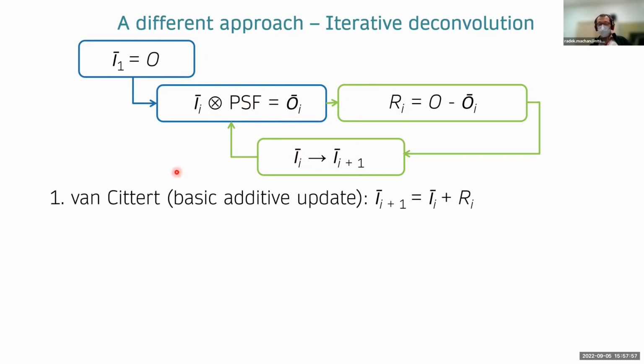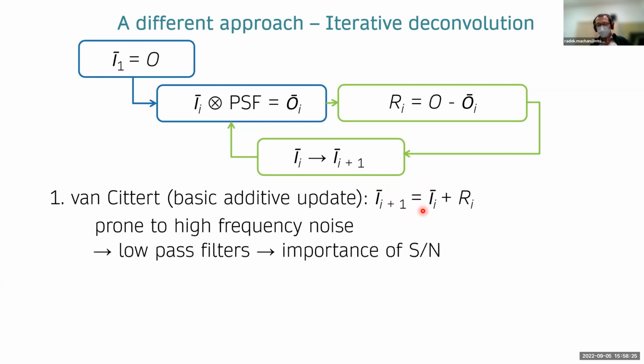The simplest one is the basic additive update, where the subsequent guess is the current guess plus the residual image. Although it's not obvious from this, it was found that it converges to a good solution.